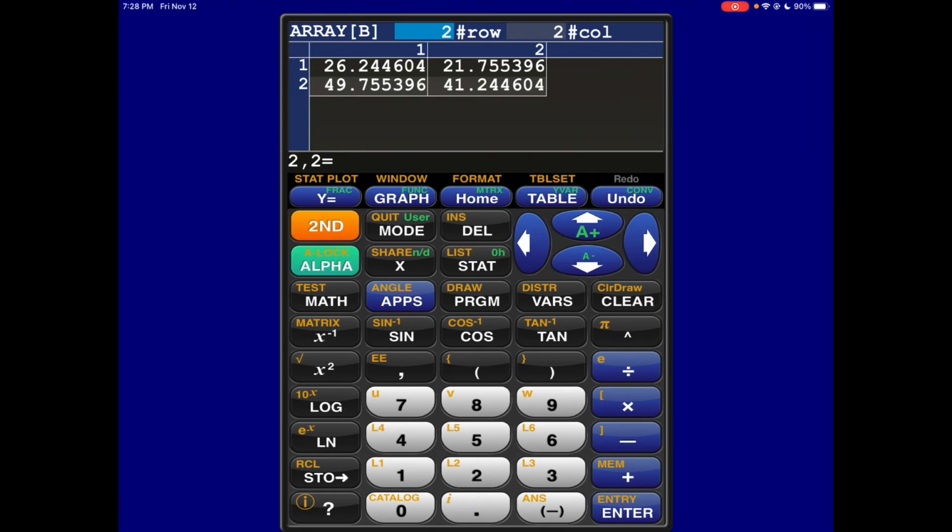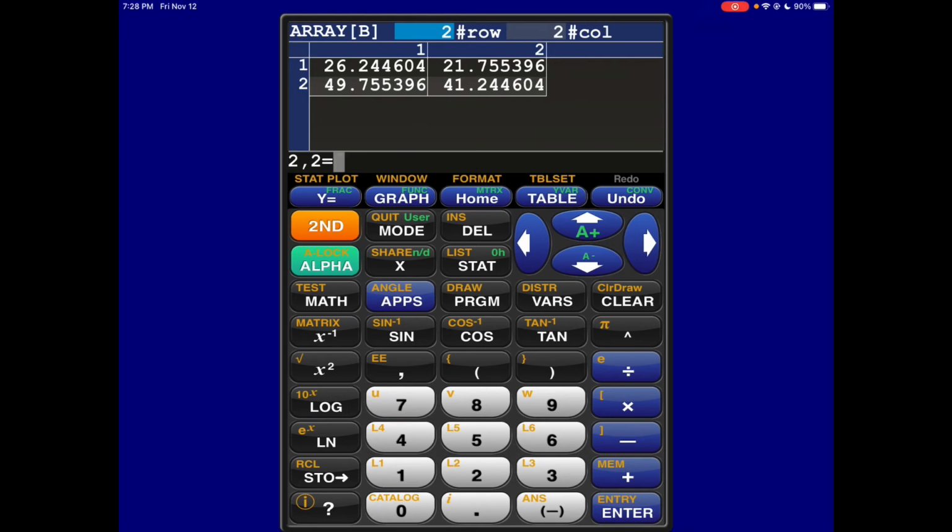First row is 26.245, next one 21.755, next one 49.755, and then the last one 41.245. You can actually see here they're using the unrounded values.